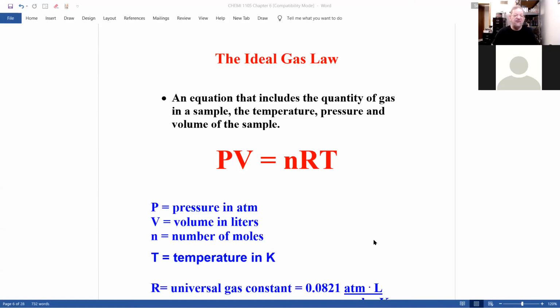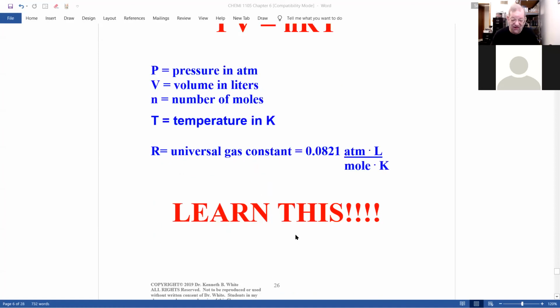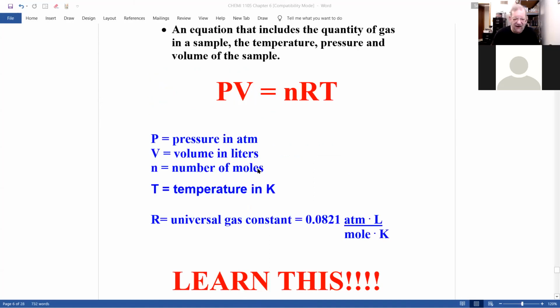And this is an equation that includes the quantity of gas, the temperature, pressure, and volume of a gas. Oh, by the way, even on the slide, I have this. In the past, students had to memorize this. You will be given everything in the important information for test number 3, but you still have to know how to use this.